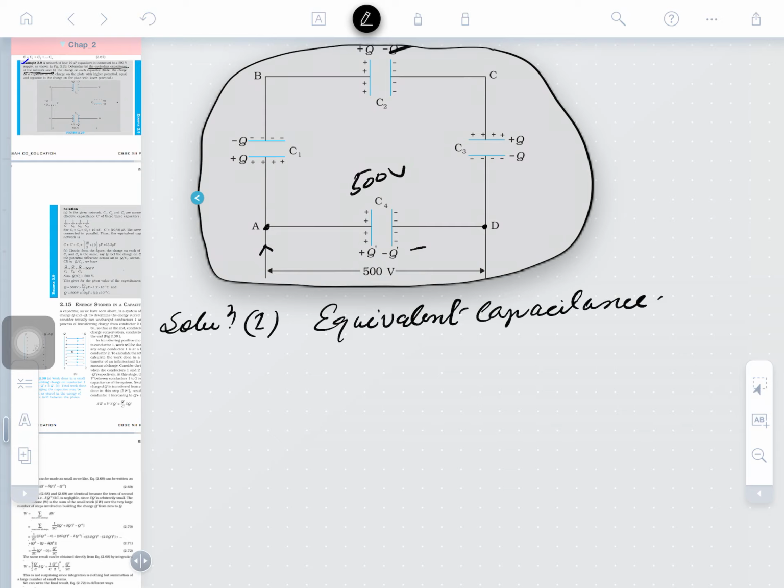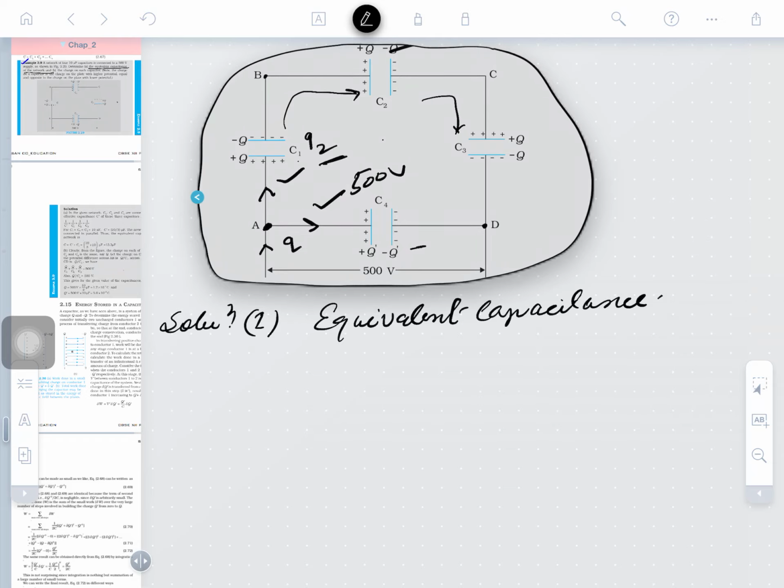Suppose Q charge is demanded here. This is a junction, so one amount of charge passes through here and another through here, and these two lines are in parallel combination. Suppose Q2 charge is passing through this line. Since there is no distribution of charge, the same amount of charge passes through C1, C2 and C3.